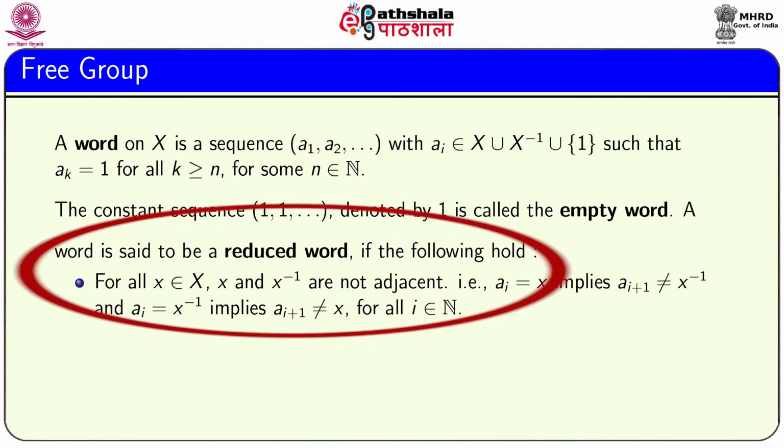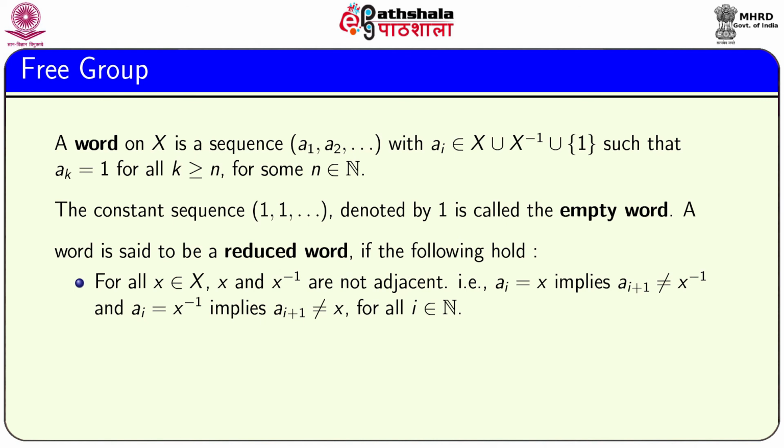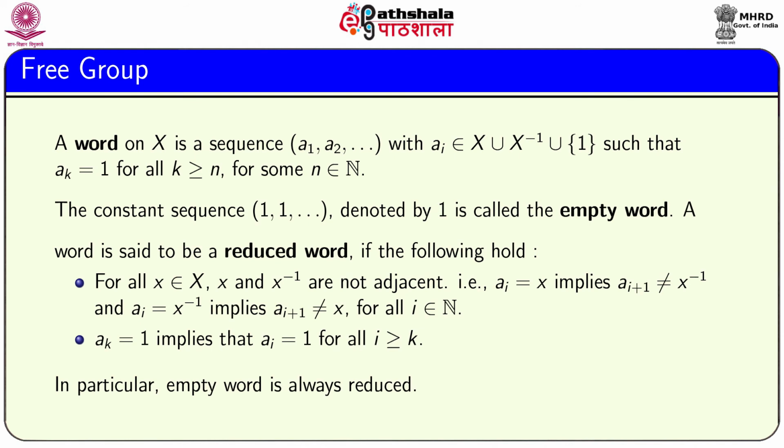A word is said to be a reduced word if the following hold: for all x belonging to X, x and x inverse are not adjacent. That is, if ai is equal to x, then ai+1 is not equal to x inverse, and if ai is equal to x inverse, then ai+1 is not equal to x, for all i belonging to N. And ak is 1 implies that ai is 1 for all i greater than or equal to k.